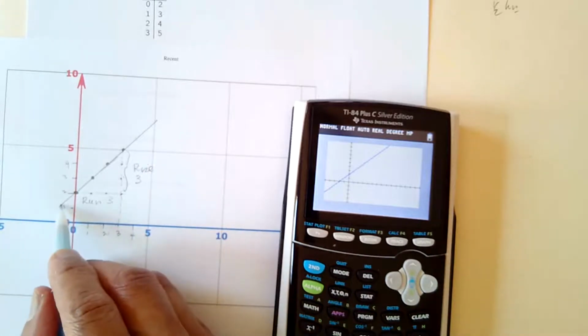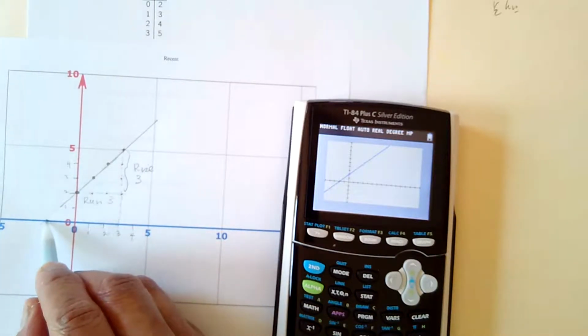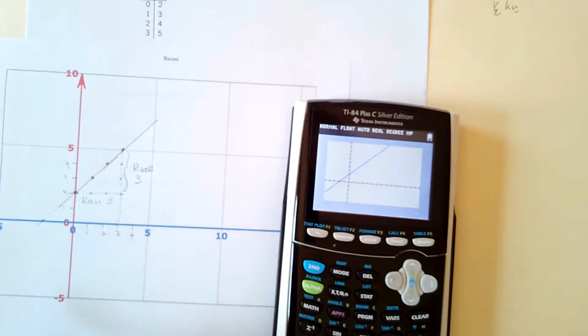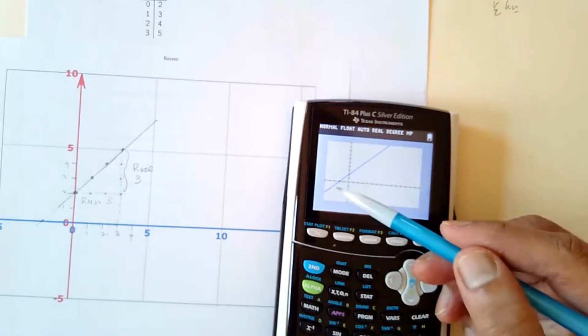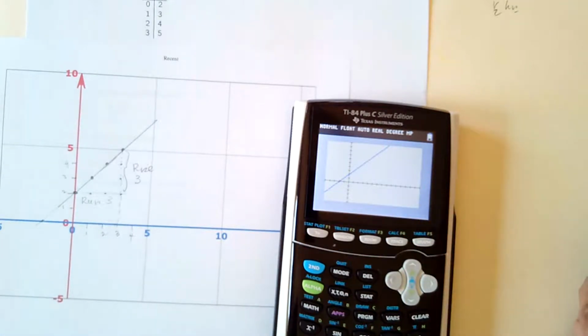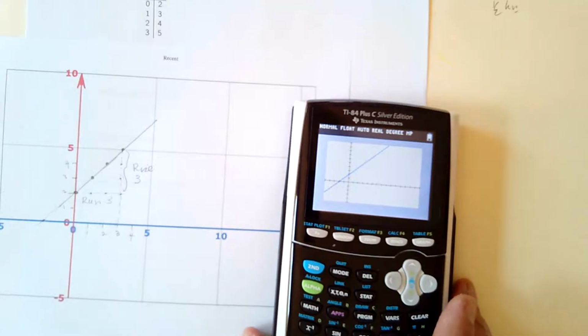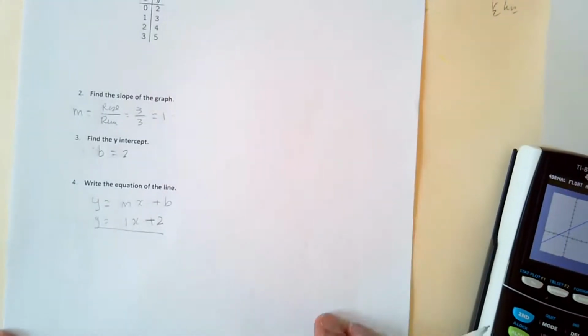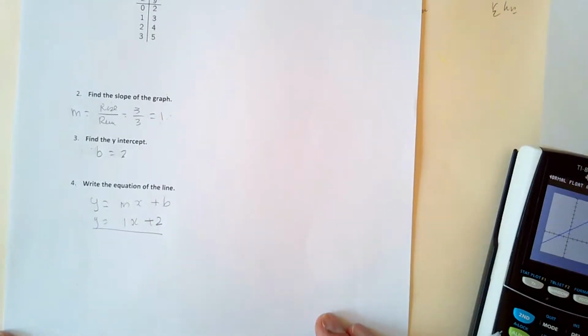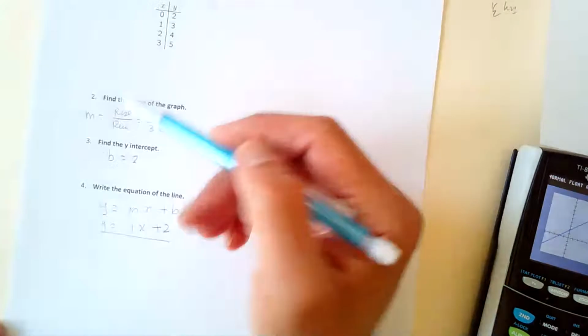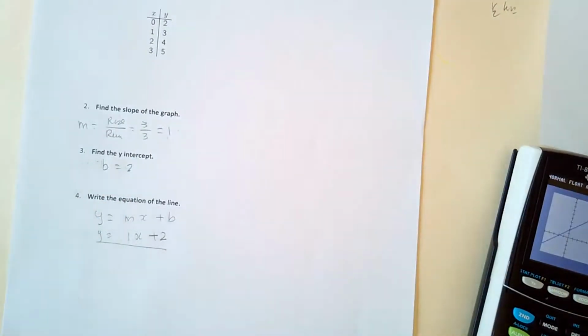Let's see if we extend this line here. It'll cross the x-axis at -2. It's exactly -2 there. So this is the algebraic way of finding the equation of a linear regression. So this is a linear regression, or equation of a straight line.